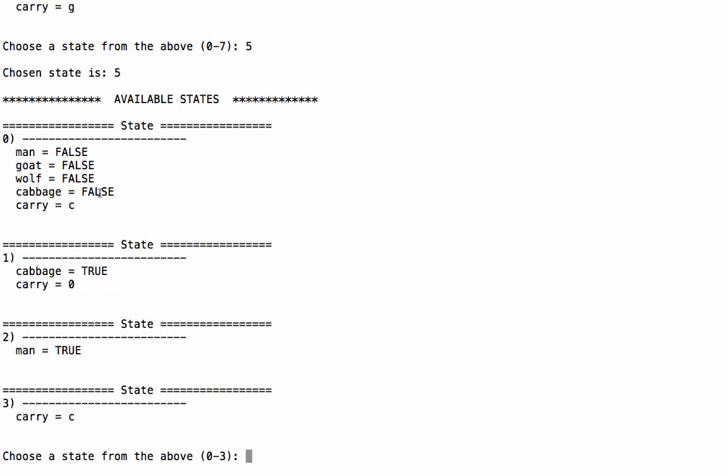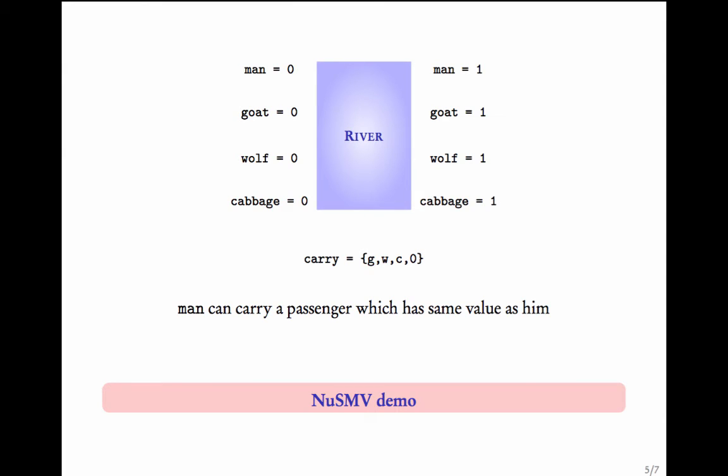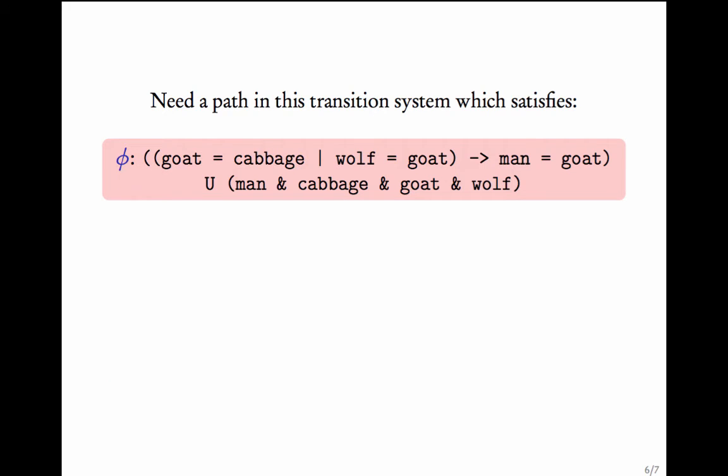In this transition system, we want a particular path. Let me finish this. So as I said, in this transition system, we want a particular path. What path do we want?